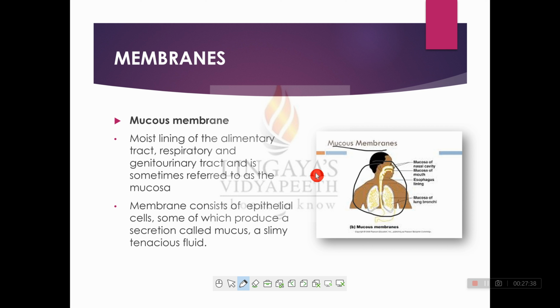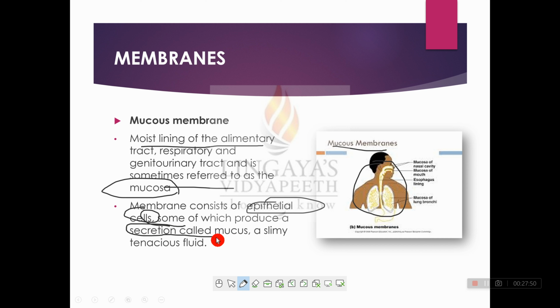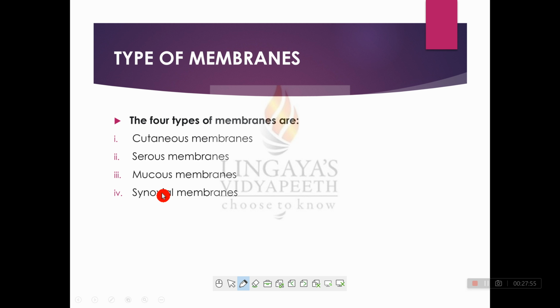Other examples are in the respiratory system and the excretory and reproductive tracts. So it is a moist lining present in these organs. It consists of epithelial cells, some of which produce a secretion called mucus.